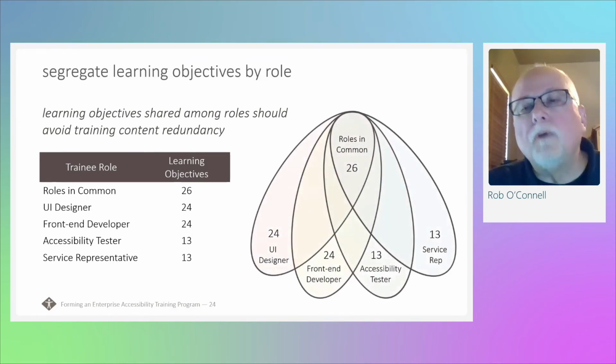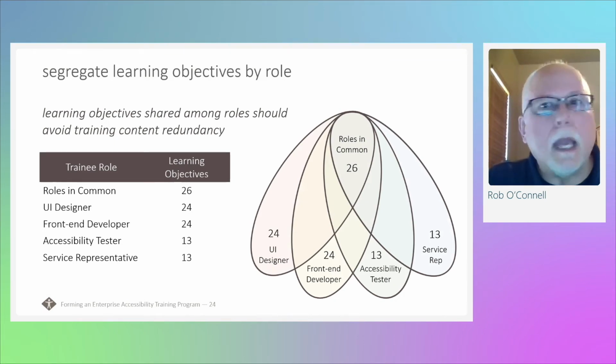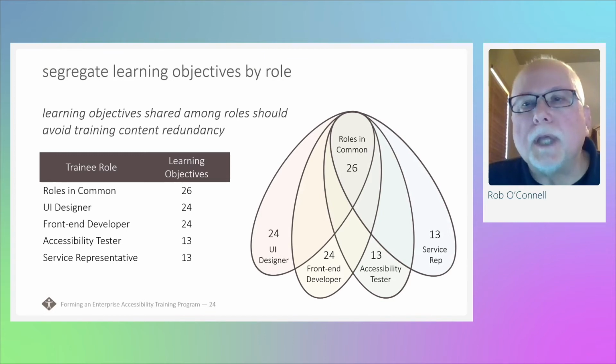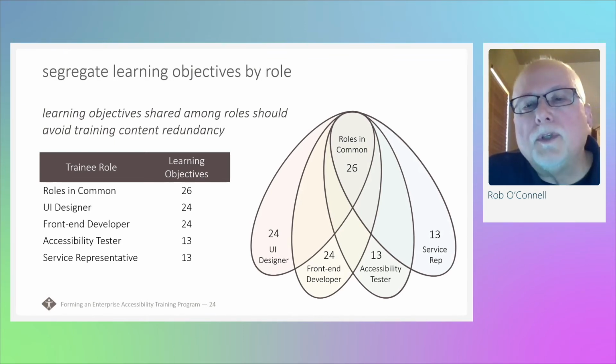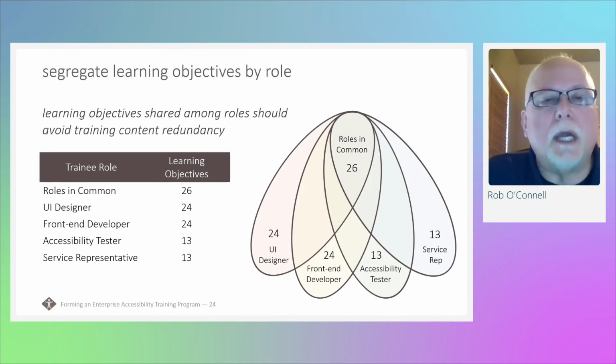And in order to avoid the problem of redundancy, we basically created what you'd call an aggregate specialization, so that the learning objectives that we had for all roles in common wouldn't become unduly redundant and repeated for those UI designers who had to take the 24 learning objectives in their specialized area.